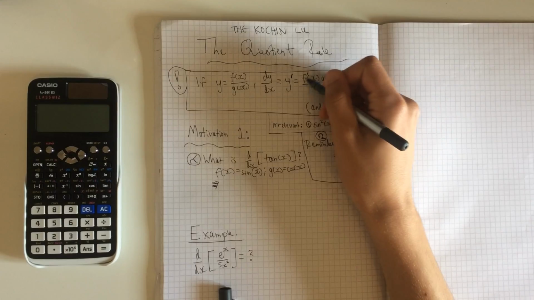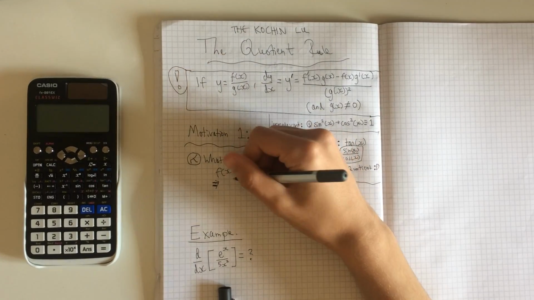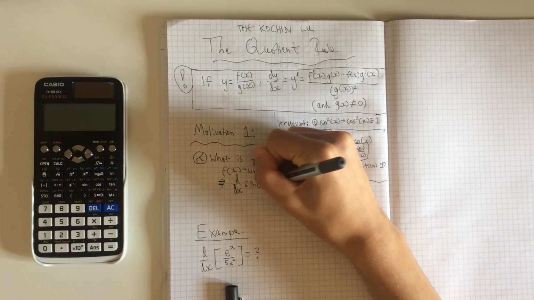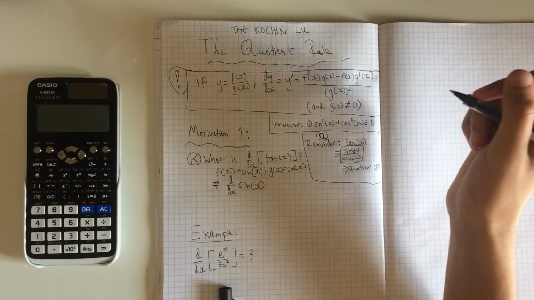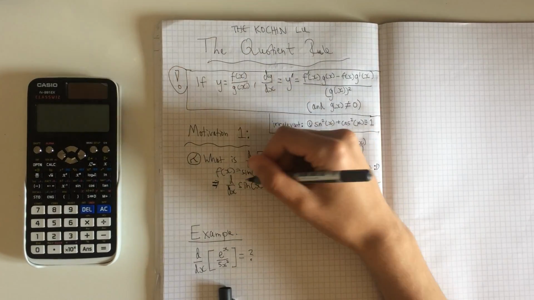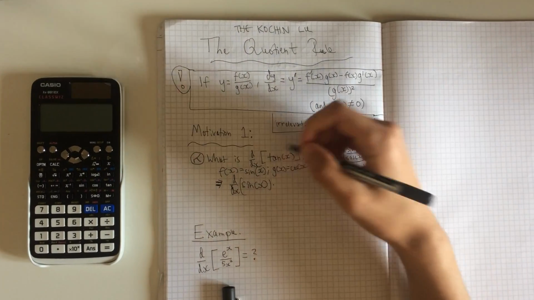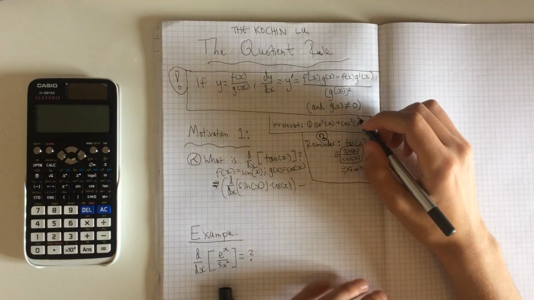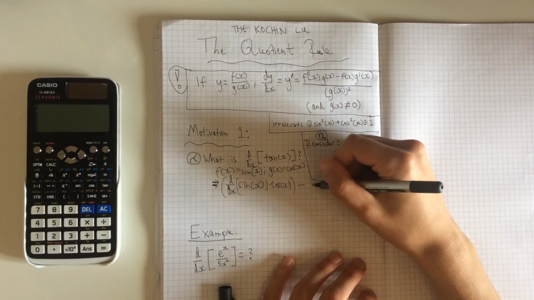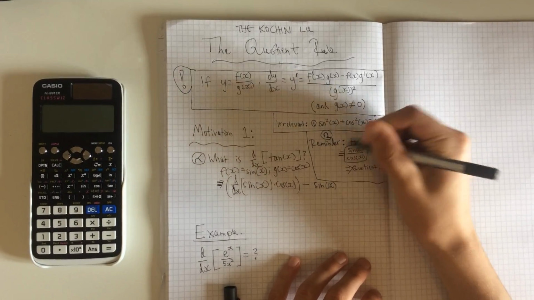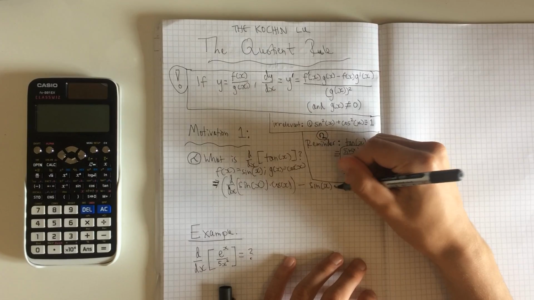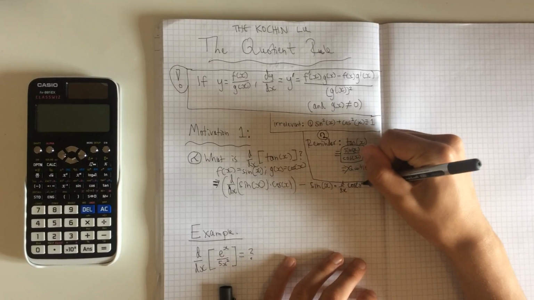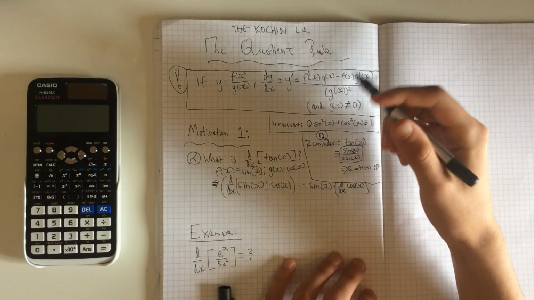So f prime here is the derivative of sine of x, and then that is times g of x, so cosine of x, and all of that is subtracted by sine of x, which is essentially our f of x here, times the derivative of cosine of x.